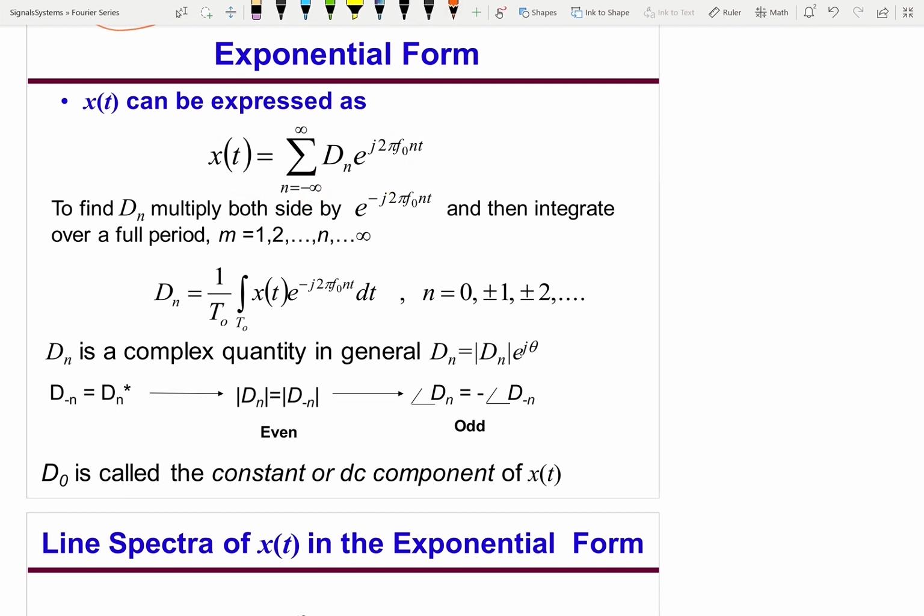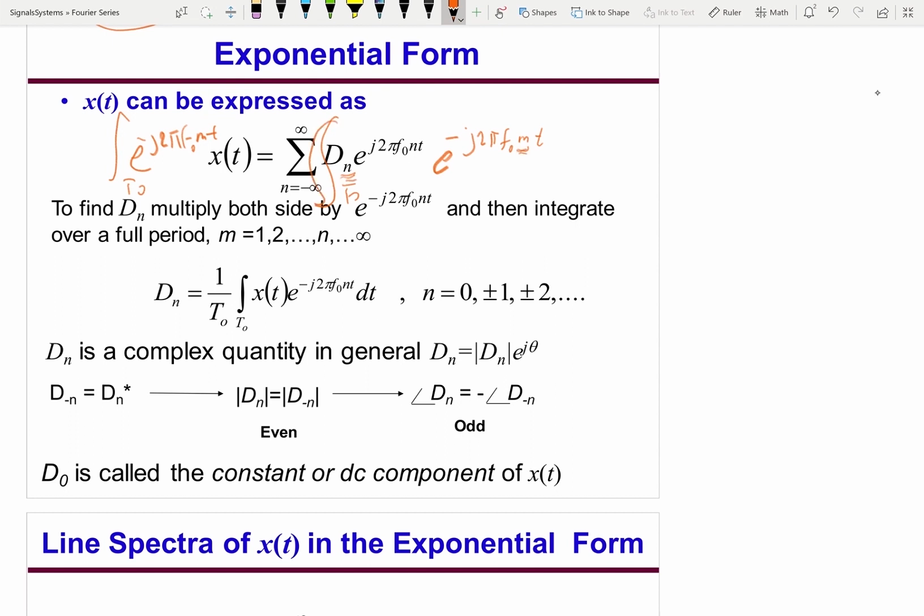So now how are we going to calculate Dn? We can multiply this by e to the minus j2 pi f0 mt, and multiply this also by the same thing, e to the minus j2 pi f0 mt, and then integrate over a full period. When you multiply these, if n does not equal m, you will always get 0. The only time the integral will give you a value is if n equals m.